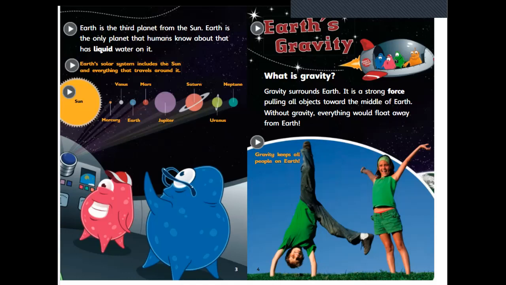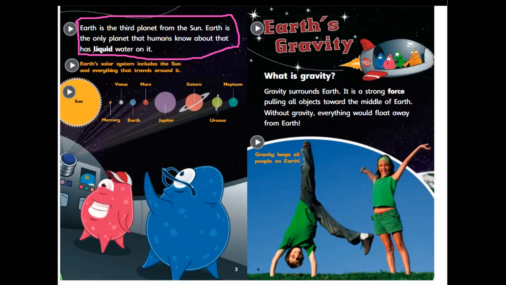I also want us to notice that there's different colors. This here is white. And there's one word that looks a little bit different than the rest, and that is liquid. And that would be a bold white.